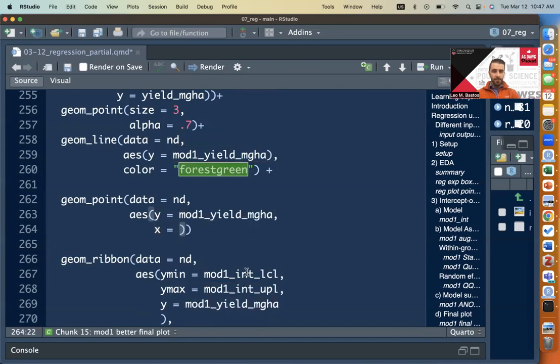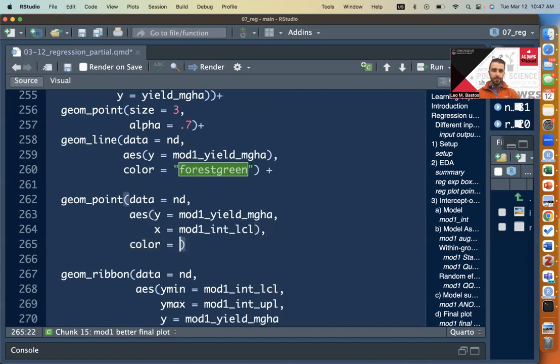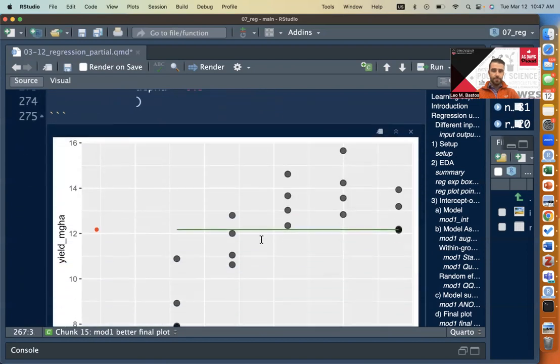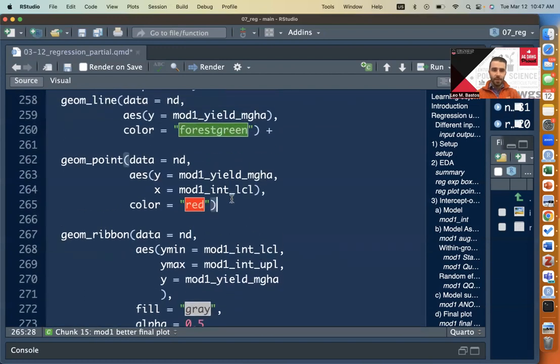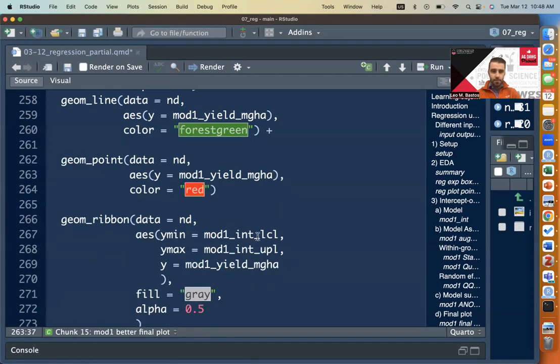My X, I want it to be one of these, and I just want to color that red. Wow, that did not do what I thought it would do. Maybe I'm doing the wrong thing. No, yeah, this is not my X. This is what I need.